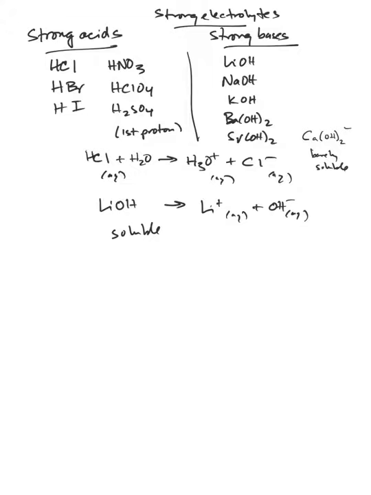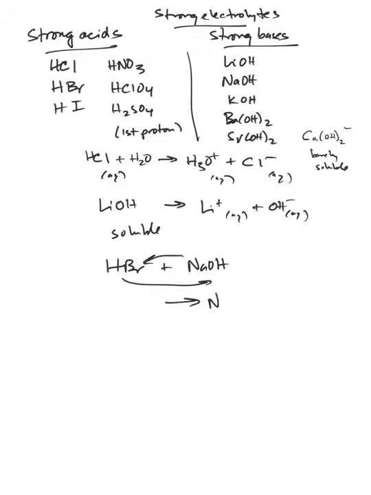When a reaction occurs between these, it's a really straightforward reaction. So I'll just pick one of the strong acids, HBr, and I'll pick one of the strong bases, NaOH. And you've probably heard of this before as a neutralization. The thing about these reactions is they're just like the exchange reactions that you've seen before, where you take the cation of one side and the anion of another.